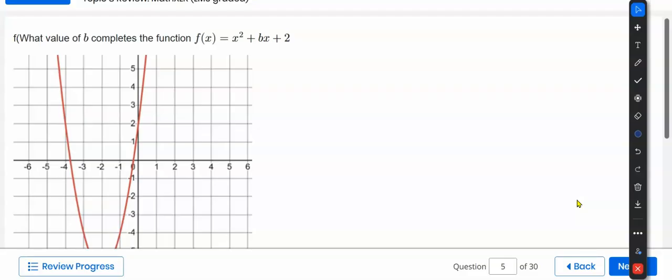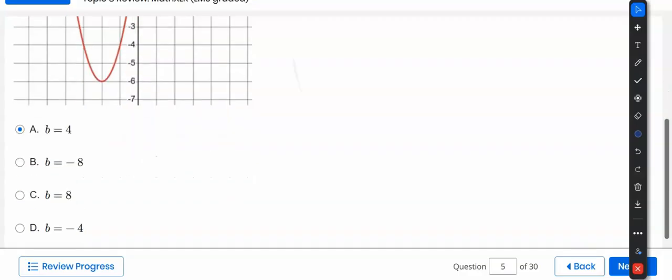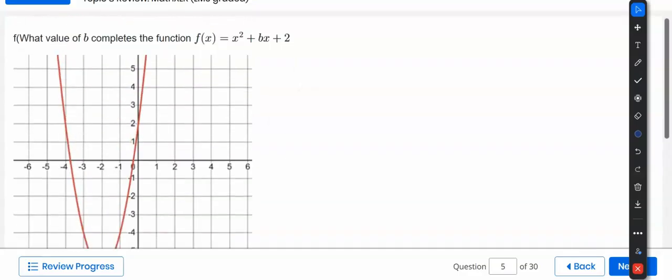What value of b completes the function? What in the world do they mean by this? Value of b that completes the function. You said it was 4? So x squared plus 4x plus 2. What do we mean by completes the function? Do you have that phrase written in your notes somewhere? No, he said in class that this kind of question won't be on the quiz. Okay.